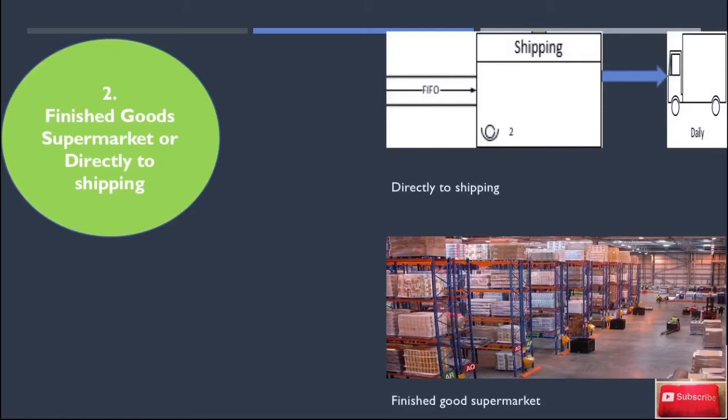Either you produce and directly give to shipping, meaning no inventory between production and delivery, or you can create a finished goods supermarket. That means when the product is produced, you create inventory and put it in a storage area before going to shipping.